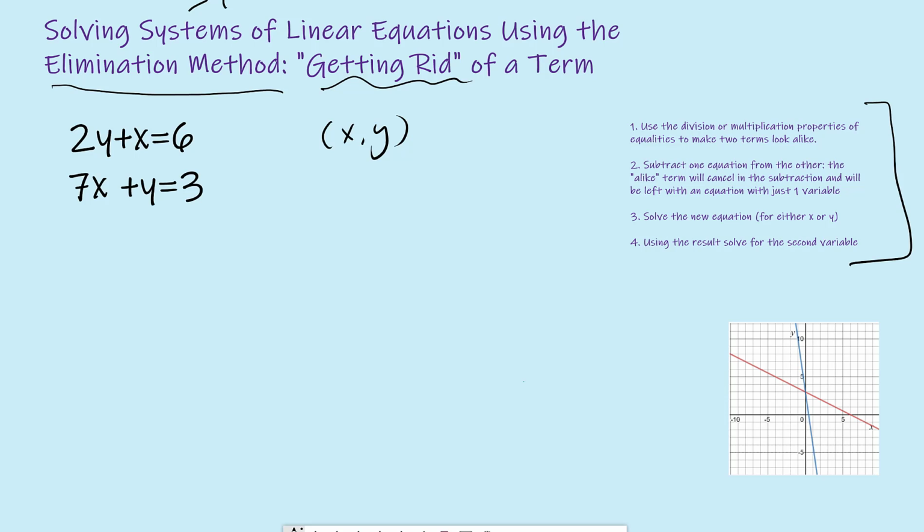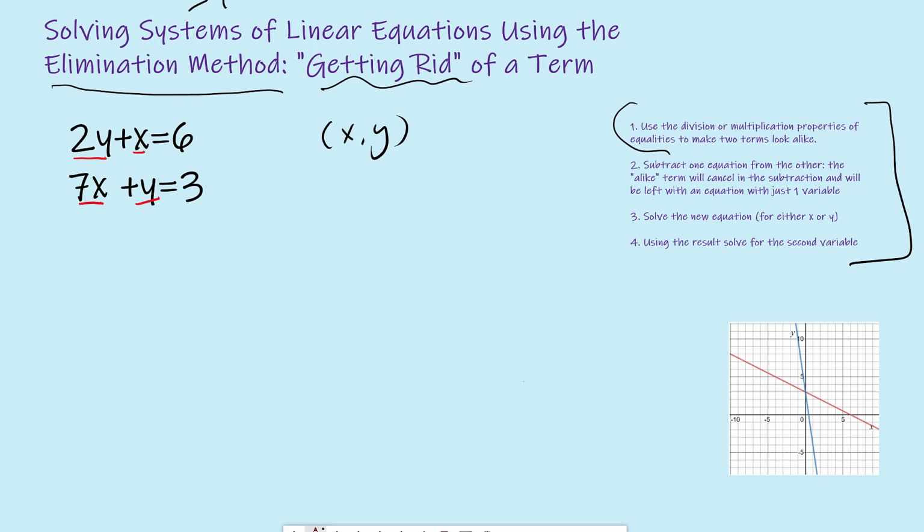So let's get started. Our first step is to use the division or multiplication properties of equalities to make two terms look alike. What does that mean? Well, if you look at this example here, we have a term in y, 2y, and here we have the 7x and a single y. What does it mean that I want two terms to look alike?